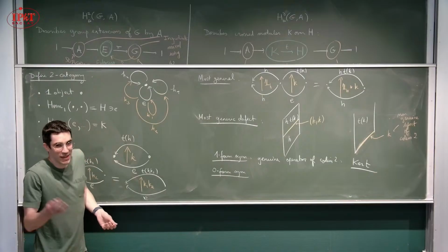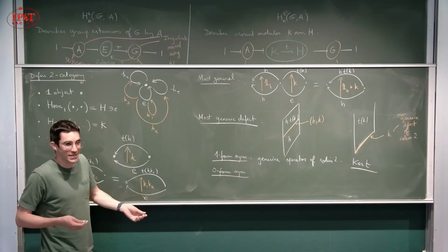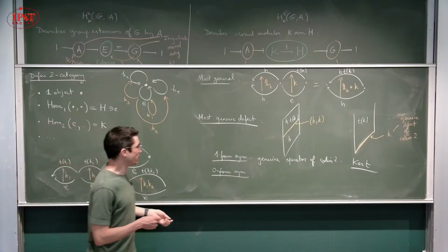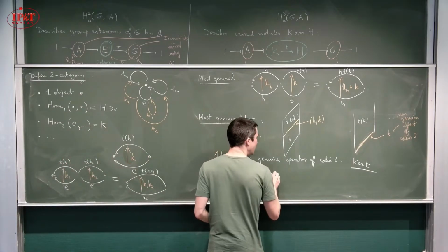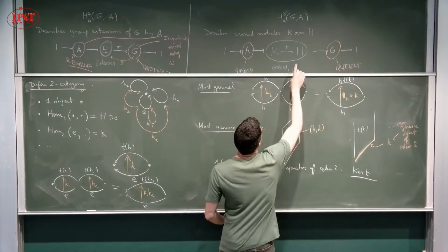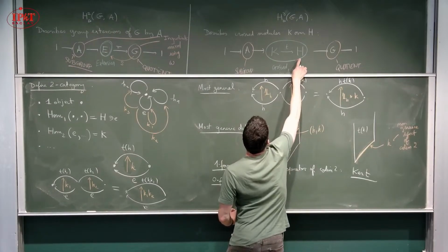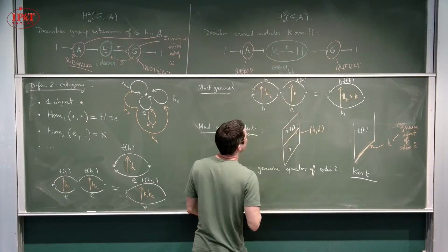Well, you should just kill all of those which can end, and what remains is the rest. So the zero-form symmetry is all of H, but where you have removed the image of T, is the co-kernel.